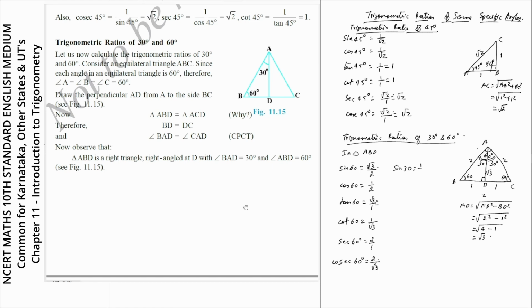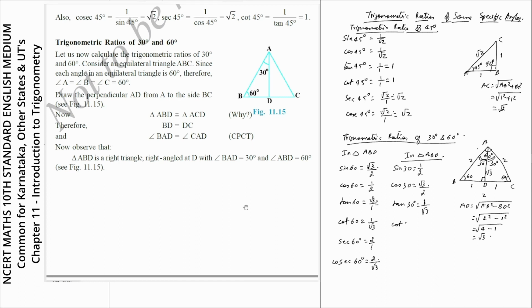So sin 30 is 1 by 2. Now cos of 30 degree. So all this is in triangle ABD only. Okay, now cos of 30 degree. Cos of 30 degree is adjacent by hypotenuse, that is root 3 by 2 I will get. And tan of 30 degree. Tan of 30 degree is opposite by adjacent, that is 1 by root 3 I will get.